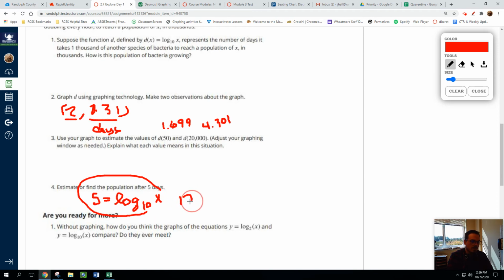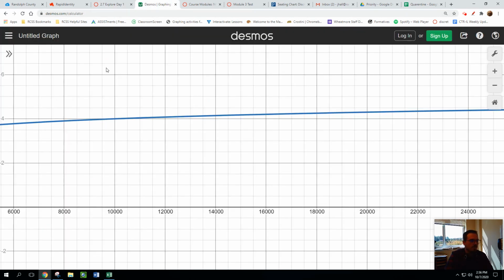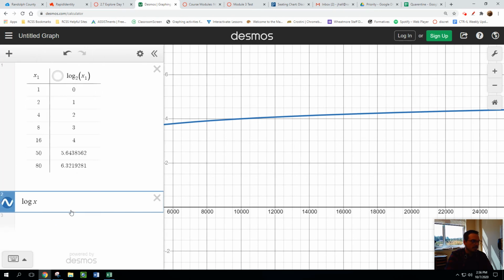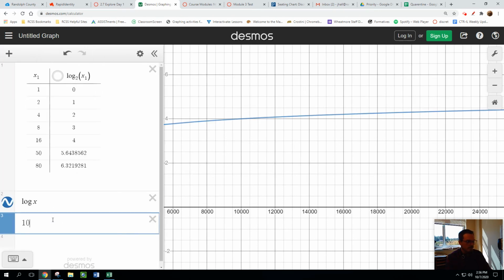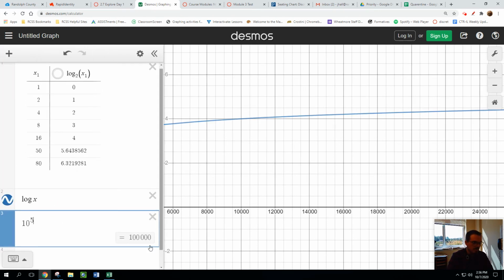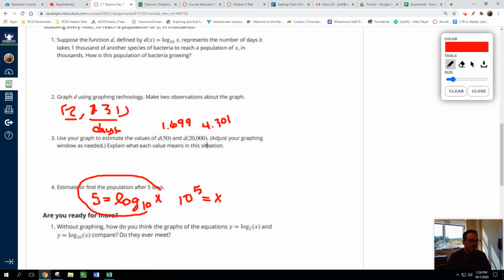Really, this is 10 to the 5th equals x. And 10 to the 5th just means that there are 5 zeros there. You can also come back and plug it in on the side. If you really don't trust me, 10 to the 5th is going to be 100,000. So after 5 days, there's going to be a population of 100,000.